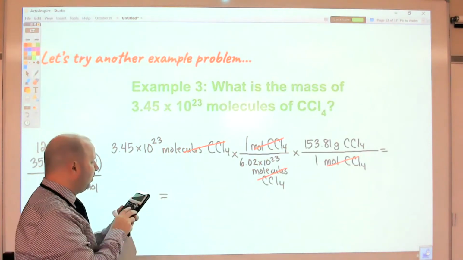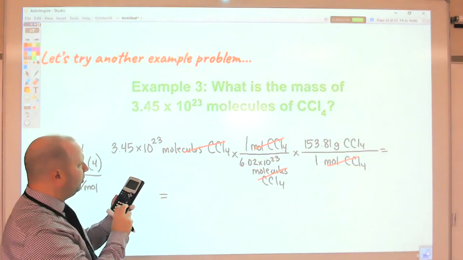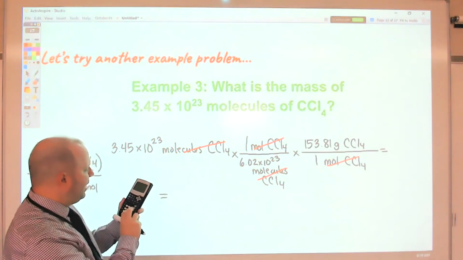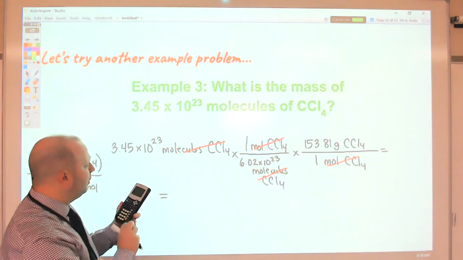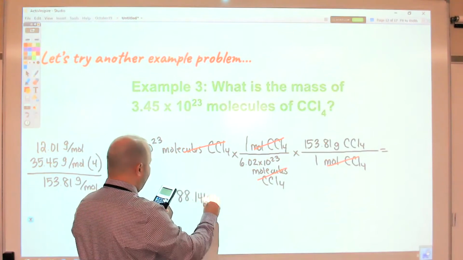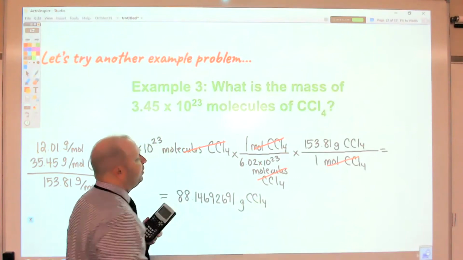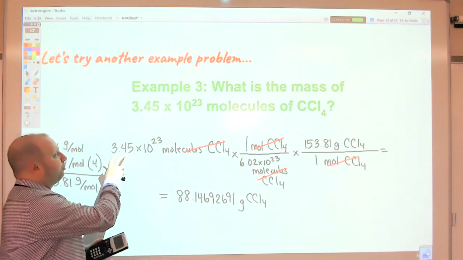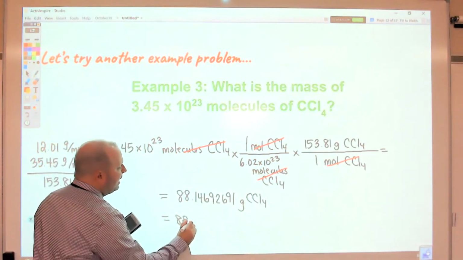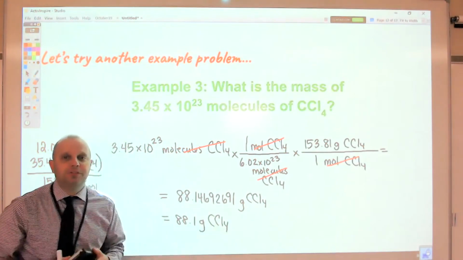So into my calculator, I'm going to type 3.45 e to the 23rd divided by 6.02 e to the 23rd times 153.81. And I wind up with this answer, 88.1469269 grams of CCl4. But of course, 3 significant figures here and here. So my final answer is simply 88.1 grams of CCl4.